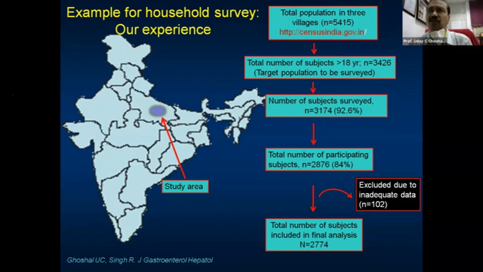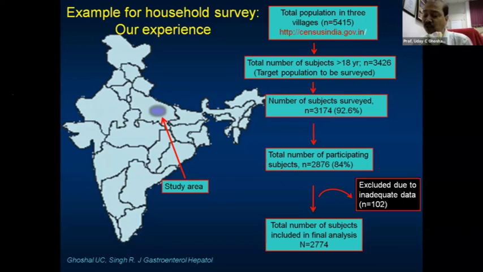From the census we tried to find out who are the adults, because our aim was to study the frequency or burden of functional gastrointestinal disorder in the adult population. We did not want to study the pediatric population. So from the census we got a total of 3,426 adults living in these villages.